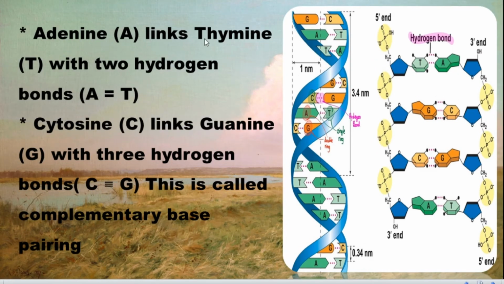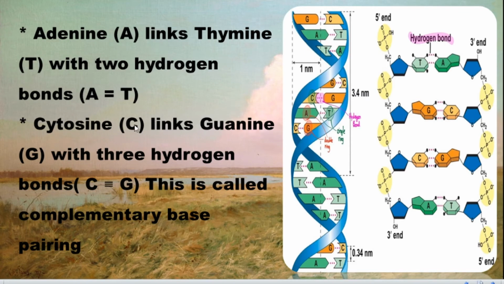So look at that. Adenine links with thymine with two hydrogen bonds. Look at that, adenine, two hydrogen bonds, 1, 2, thymine. So look at here, adenine, thymine, two hydrogen bonds, 1, 2.